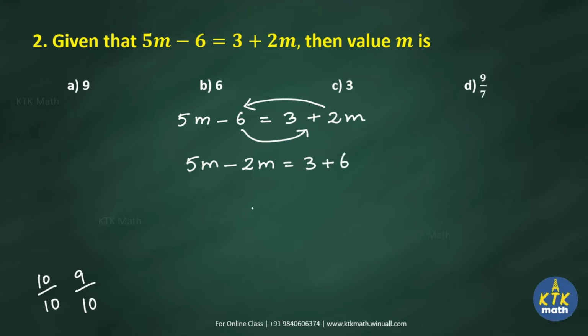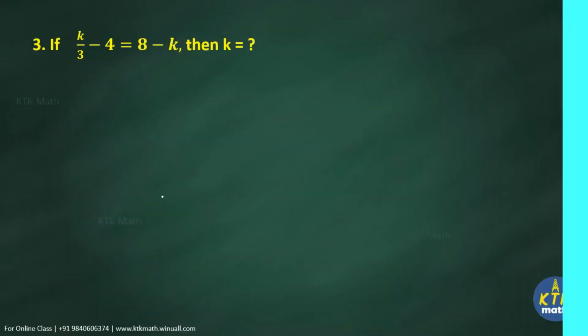Is that clear? You need to arrange variables on one side, and numbers, that is constants, on the other side. Now 5m minus 2m will give you 3m, which is equal to 3 plus 6, 9. Now multiply becomes divide, so m is equal to 9 by 3. When you cancel this, your answer is just 3. It's a very simple question.